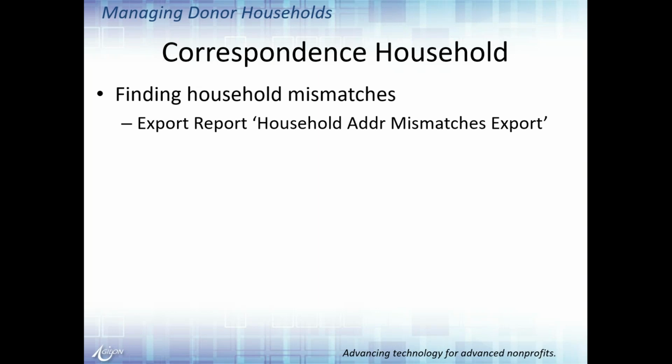If they're different, they show up on the report. You can then choose to go in and find those households and remove those people that don't belong there. It's a manual process, which it needs to be, because we're giving you that flexibility, but there is at least a report out there that helps you to maintain that at this point.